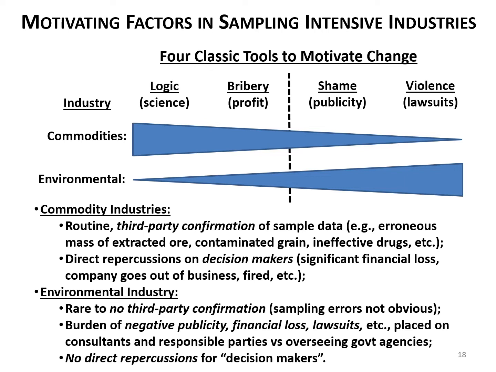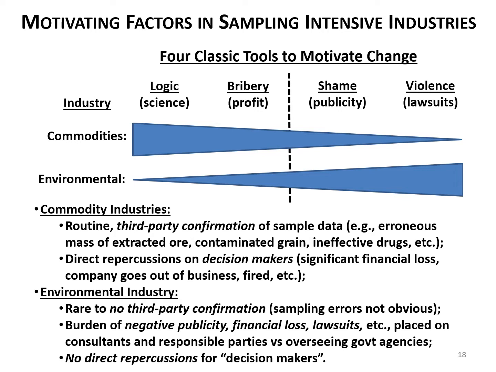In the commodities industry, some of the main motivation to change and ensure their data are representative and they're making good decisions, a lot of it is really tied around the science and the profit, and these two are interlinked. So in the commodities industry, again, there's very routine third-party confirmation of sample data.